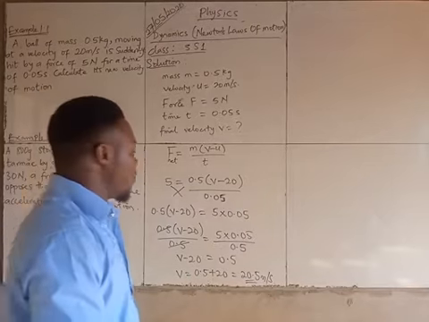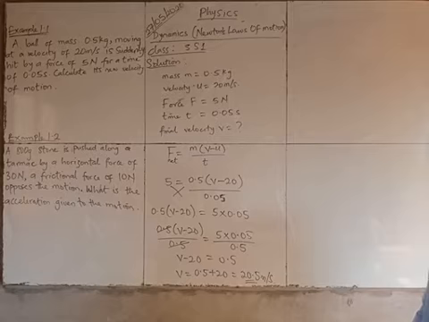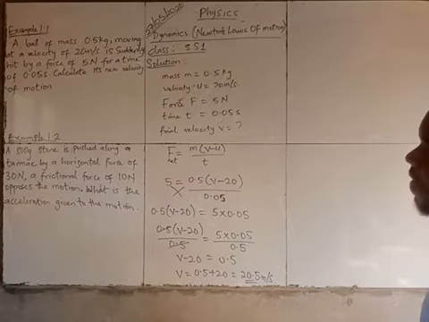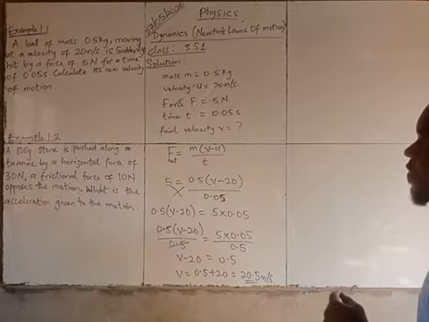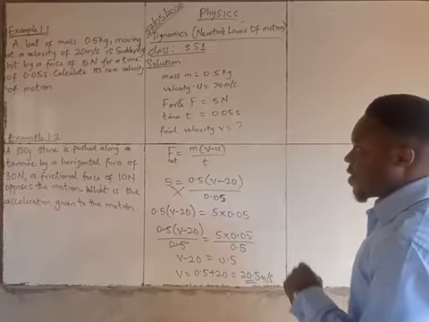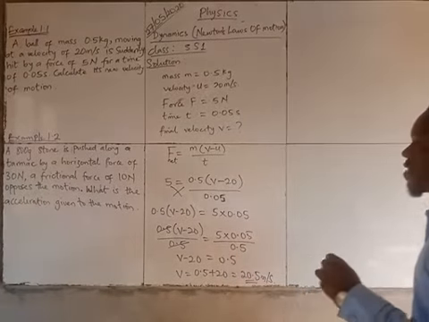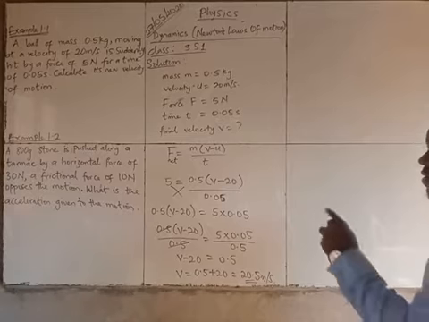Now let's move to example 1.2. In example 1.2, we were given an 800 gram stone pushed along a tarmac by a horizontal force of 30 Newton. A friction force of 10 Newton opposes this motion. What is the acceleration given to this body to have this motion?